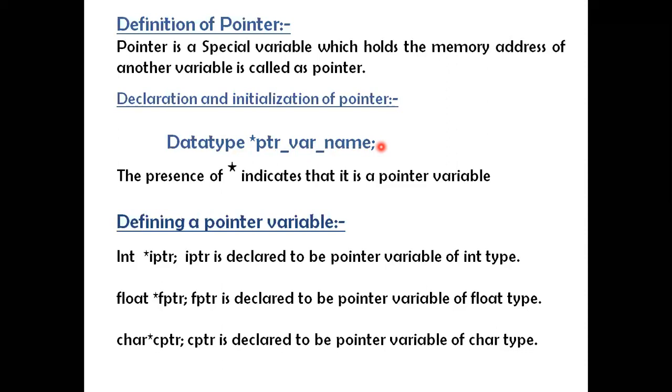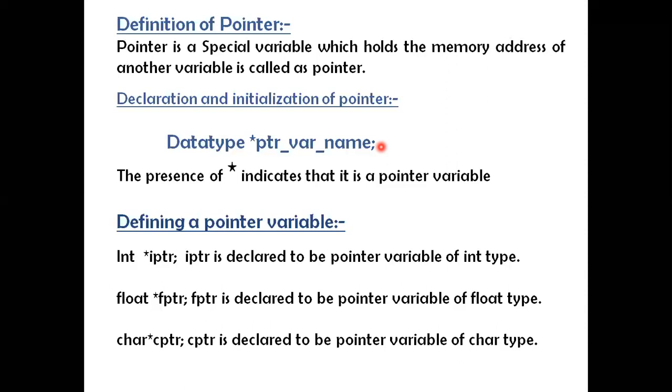Once again, I'll repeat this syntax: data type, one blank space, asterisk, that is the star mark, called an asterisk, or else you can call it a pointer operator. Star is a pointer operator. Data type, one blank space, asterisk, then the name of the pointer variable, and with the semicolon.